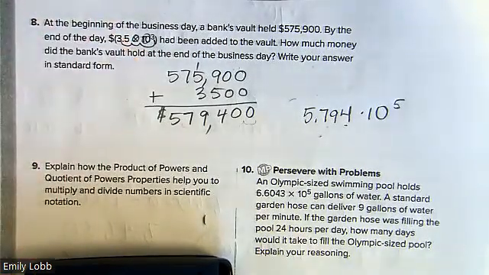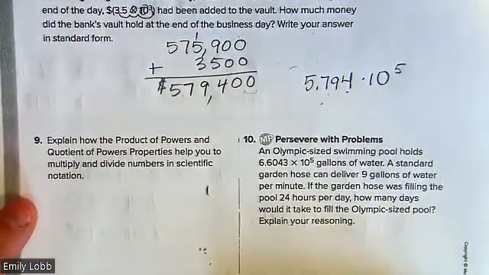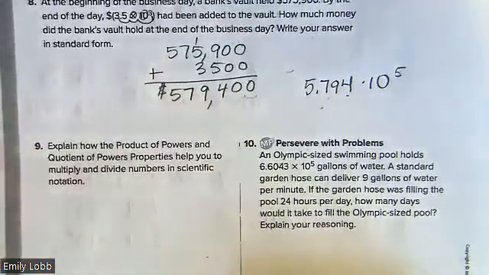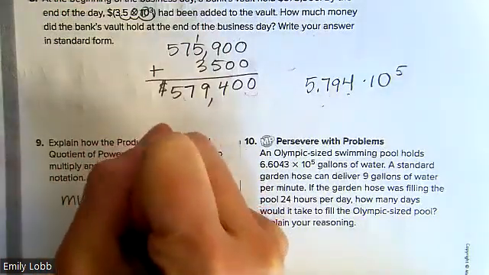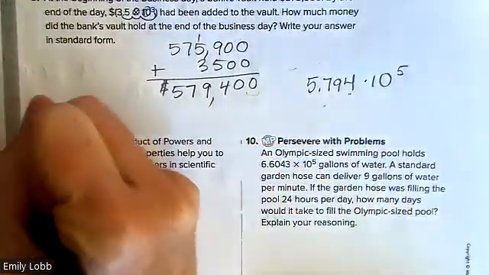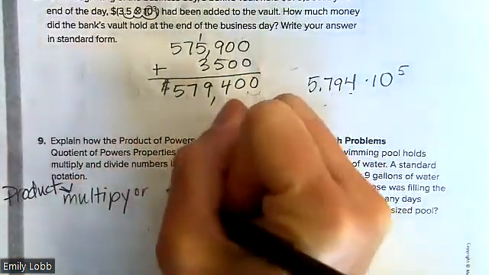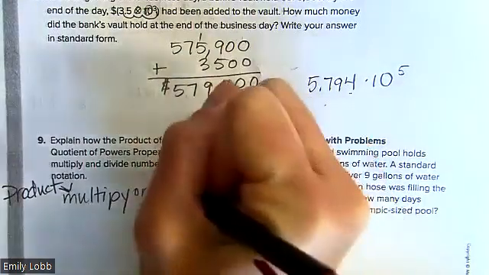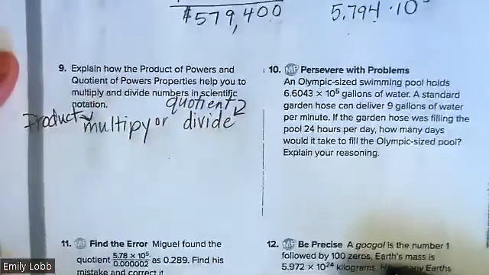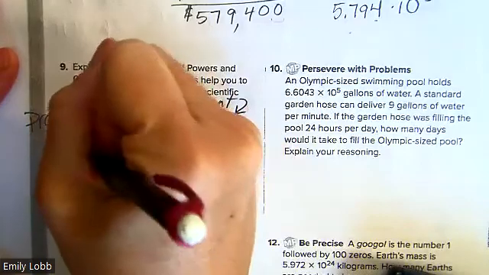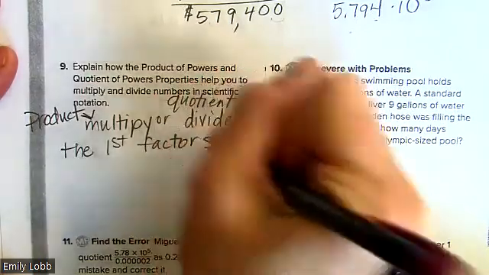All right, explain how the product of powers and quotient of powers property help you to multiply and divide numbers in scientific notation. So you would multiply, so this is product, right? Or divide, this is quotient. So we would multiply or divide the first factor, or factors, we should say, right?